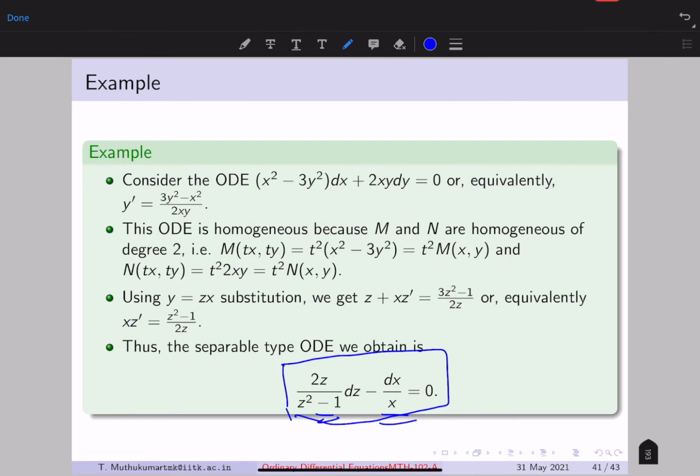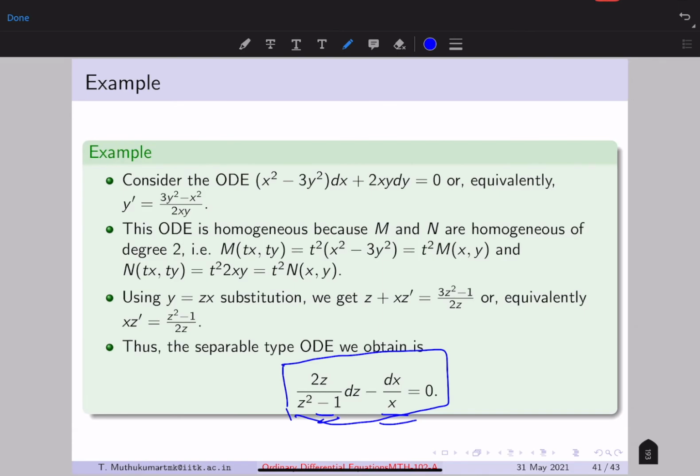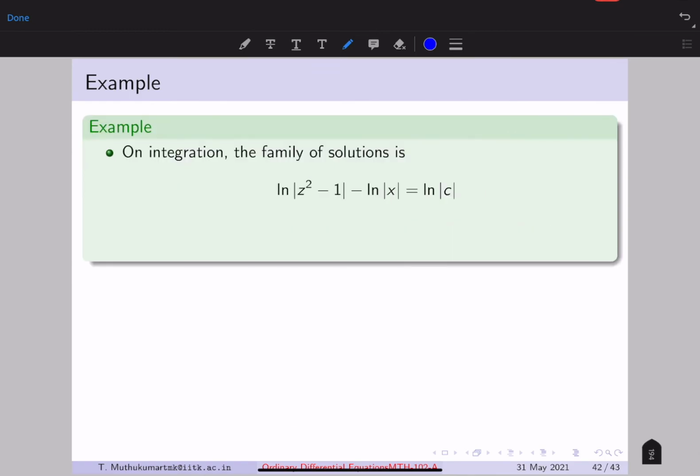Now how do you solve it? You integrate with respect to the z variable and x variable. If you integrate this, this is log of z square minus 1, and this is log of x. So this is log of z square minus 1 equals log of x plus some constant. For convenience we are writing that constant as log of mod c.